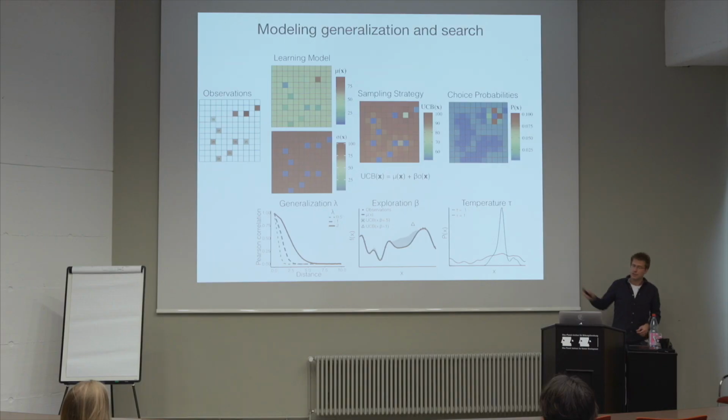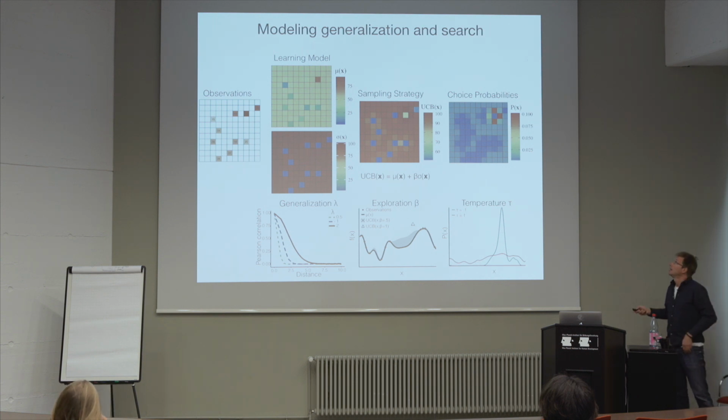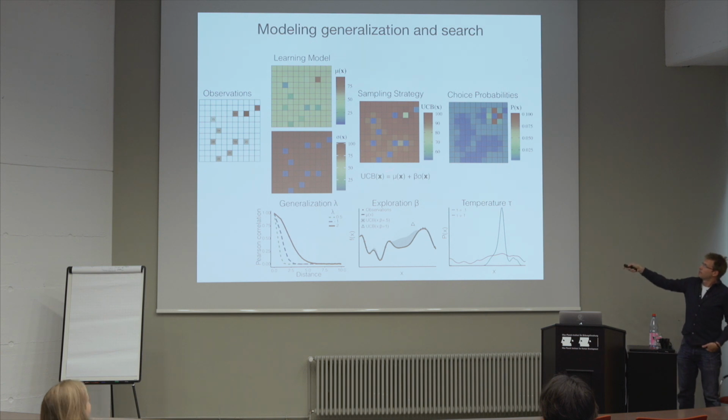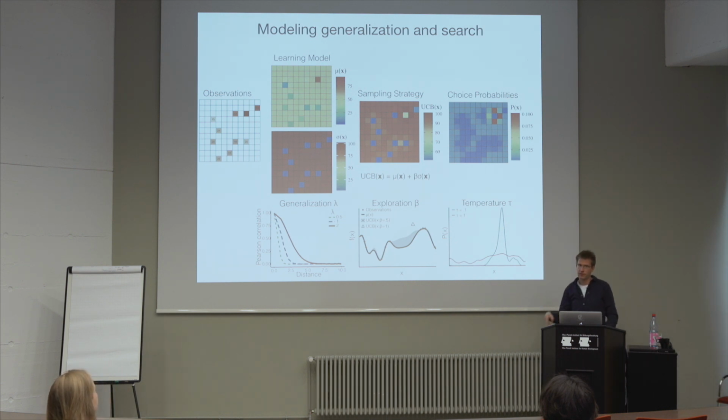This is the beta parameter, which represents the amount of directed exploration. How much do you value uncertainty? And given these decision utilities or sampling utilities, we have a decision rule which transforms those into choice probabilities. So it's a probabilistic model.